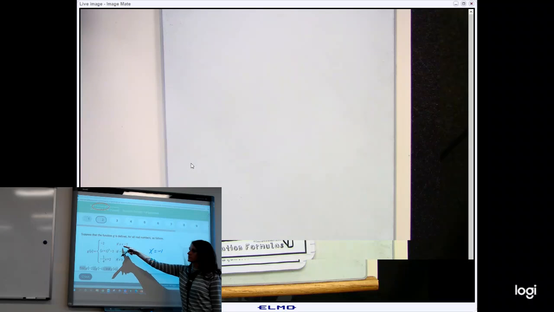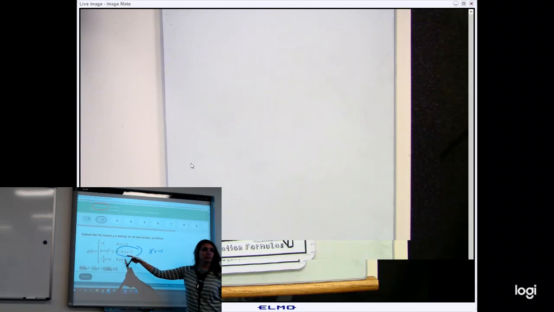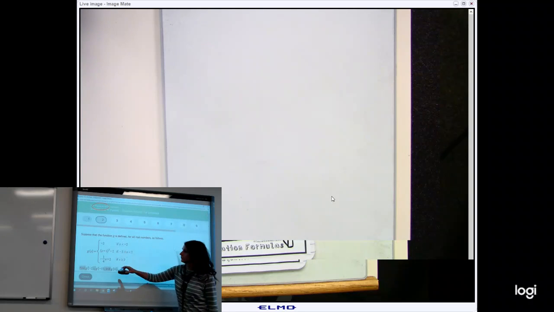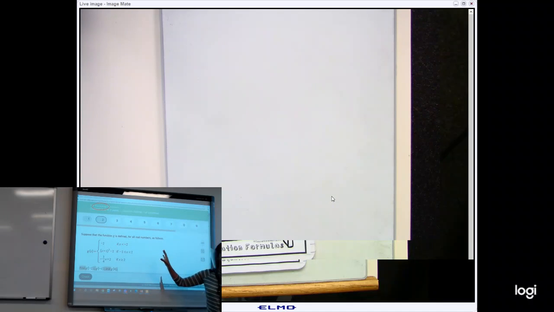Right here, less than negative 2. Right here is the only place that we can have an x of negative 1. It's in between negative 2 and 2. How about my bottom one? G of 4. Bottom, right? X value is greater than or equal to 2. Would you like to talk through one more of those? You feel okay?